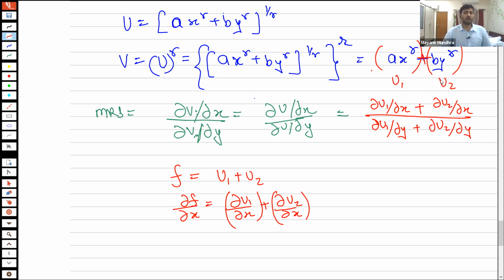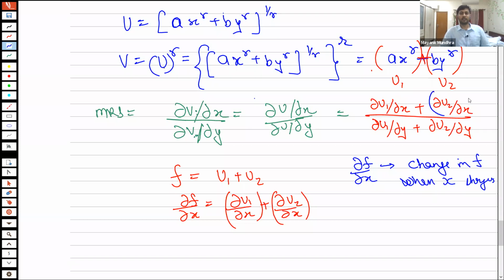Now u2 has no presence of x in it. So when you differentiate, it's like a constant. It does not depend on x. Remember the definition of del f by del x. The definition is the change in f as x changes.